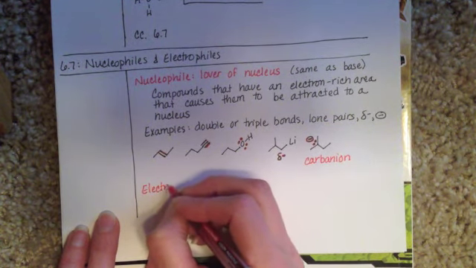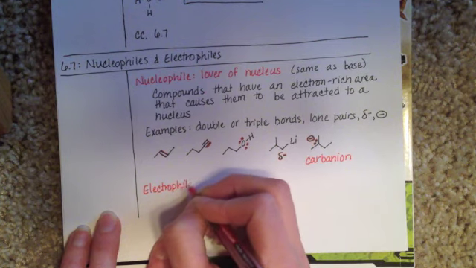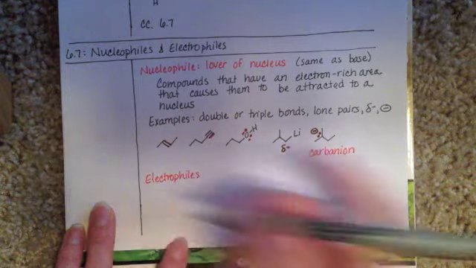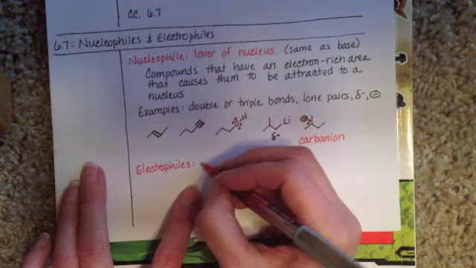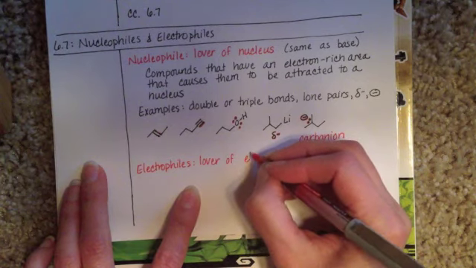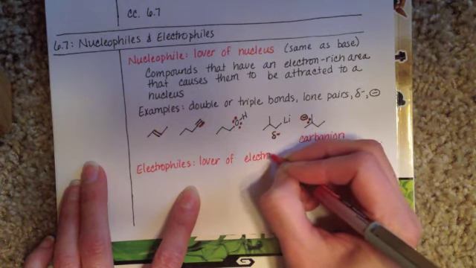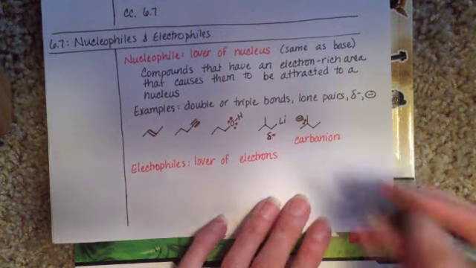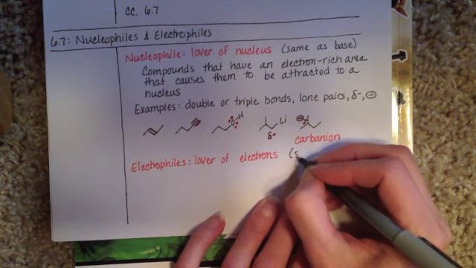Electrophiles are essentially the opposite of nucleophiles. They are lovers of electrons. They would be the same thing as a Lewis acid.